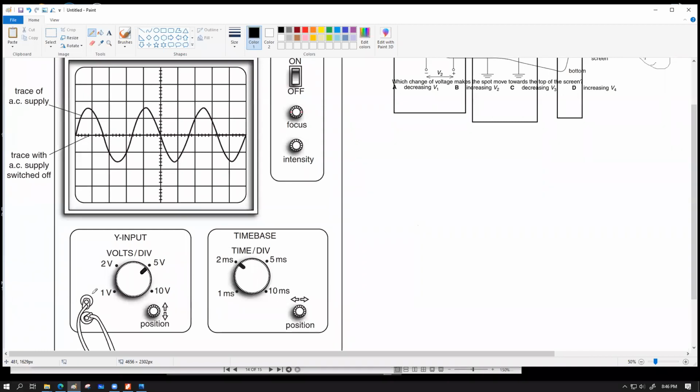But what you need to understand is that whenever the time period is getting bigger, it means the wave is becoming slower.